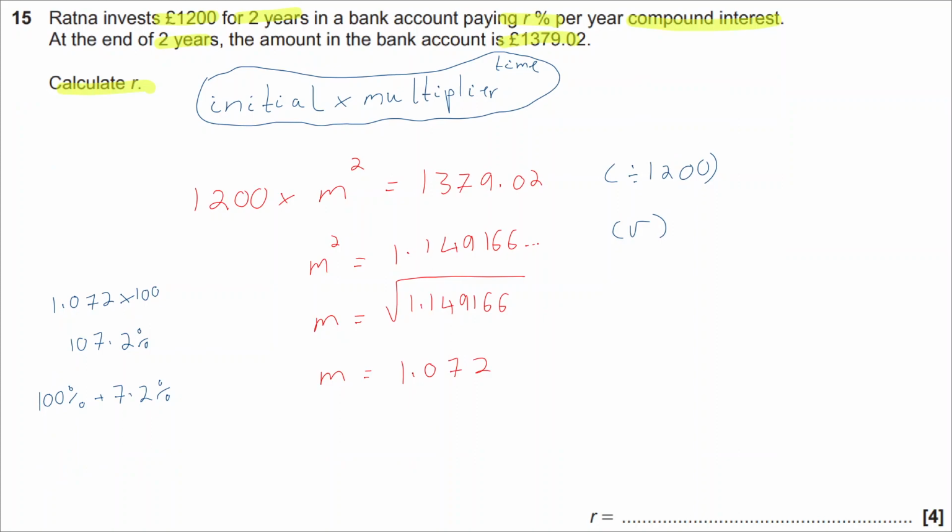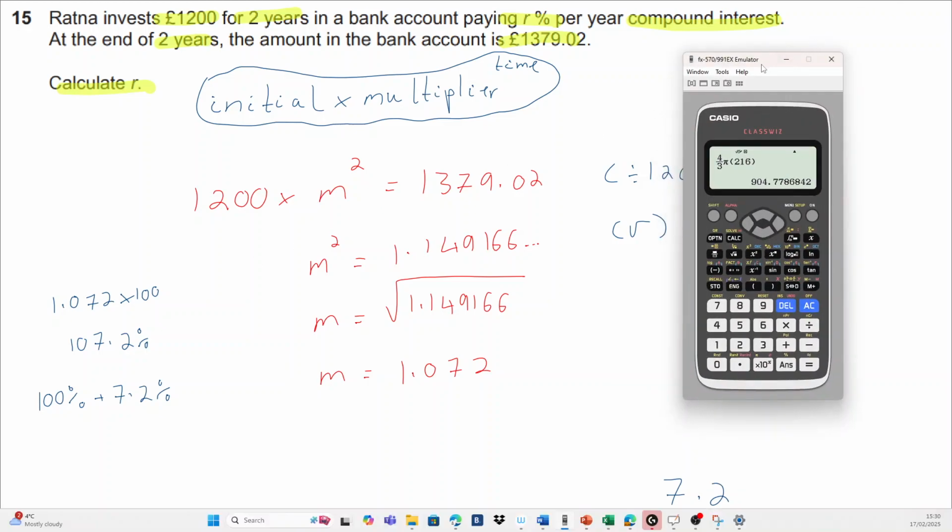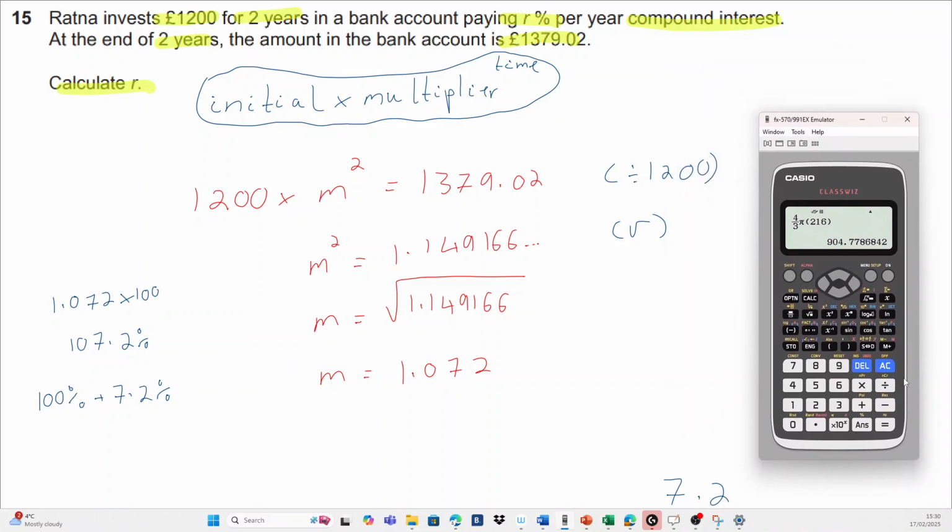So 7.2%. Now we can check this is going to be correct if you get your calculator and work backwards, or work how you would normally work. We know that the investment was 1,200. If we times that by the multiplier, 1.072.